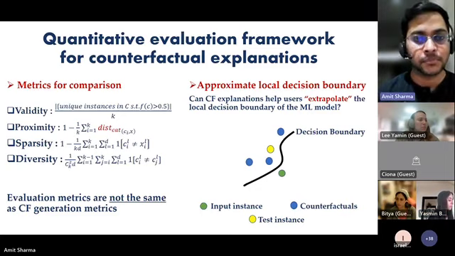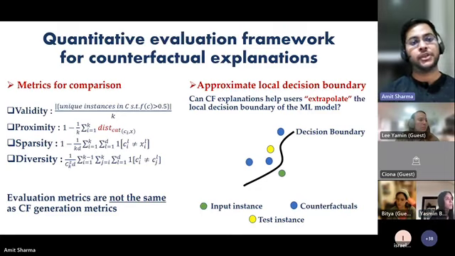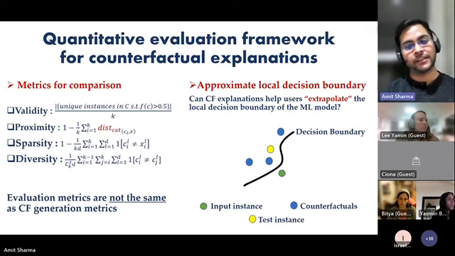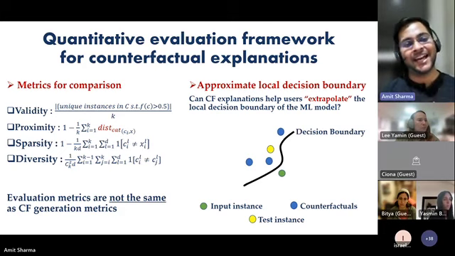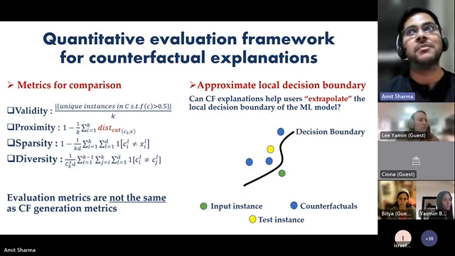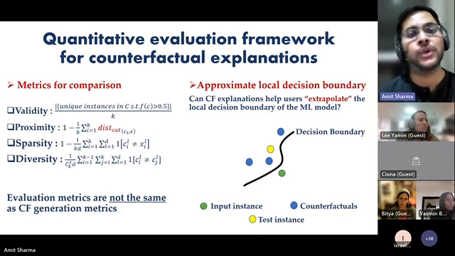Okay. So we had this method and we thought, well, how would you even evaluate these explanations? It's one of the worst kept secrets of this literature that there are many methods for explanations, but very few papers or techniques to evaluate explanations.